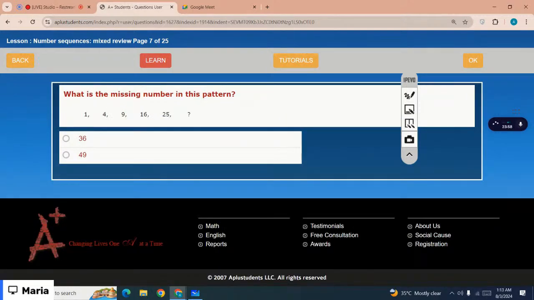Okay, the next one is: what is the missing number in the pattern? So, which is the next number? That is 49.